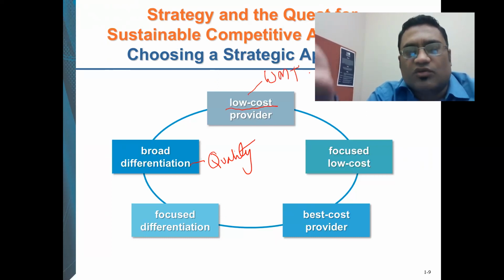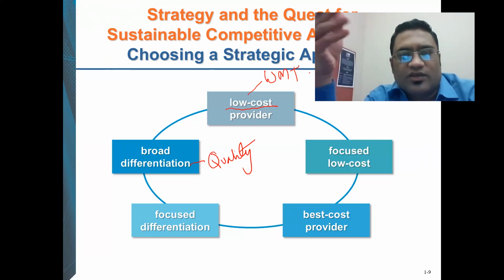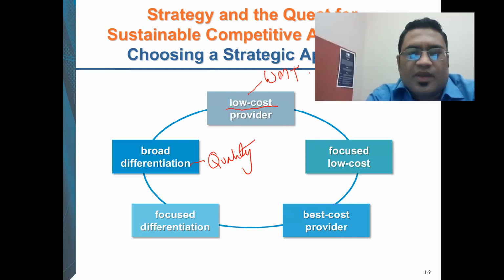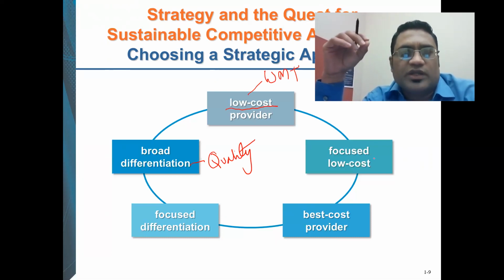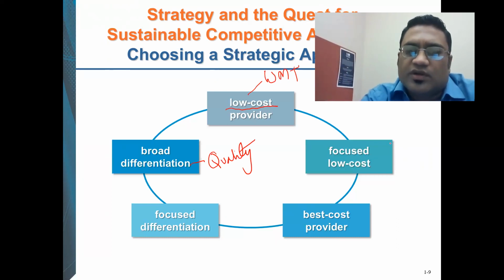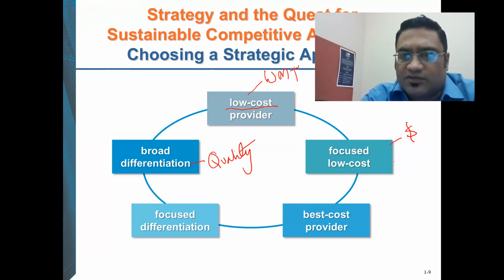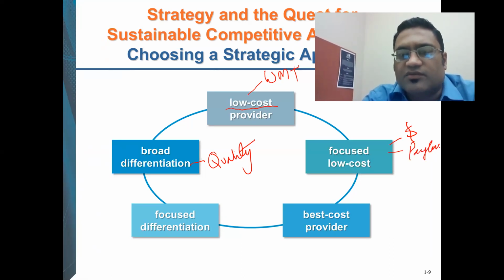Walmart, Aldi's, low cost. And an offshoot of that is focused low cost, meaning you are focusing on lower cost, but only on select products. So dollar store would be an example of this, and let's say Payless would be another example.